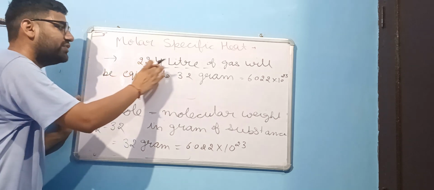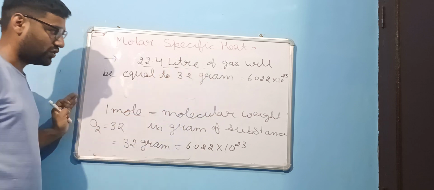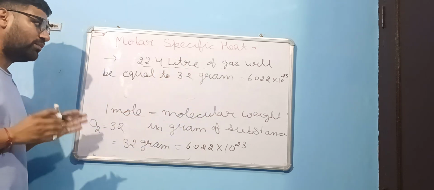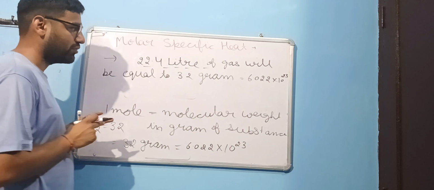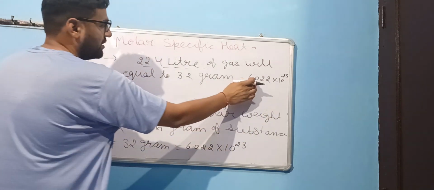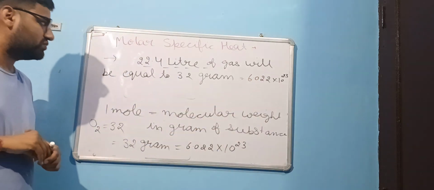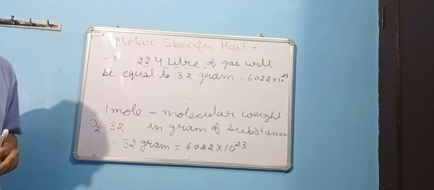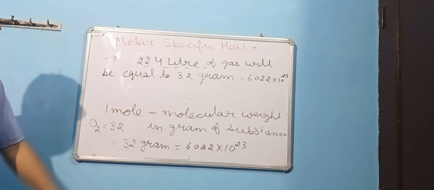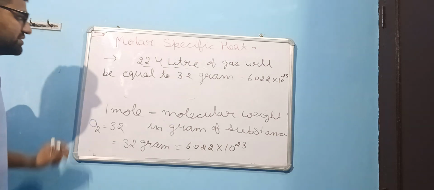That 22.4 liter of gas or 32 gram of that gas, both will contain Avogadro number of molecules. So this is our 1 mole. 1 mole is equal to molecular weight in grams of any substance.